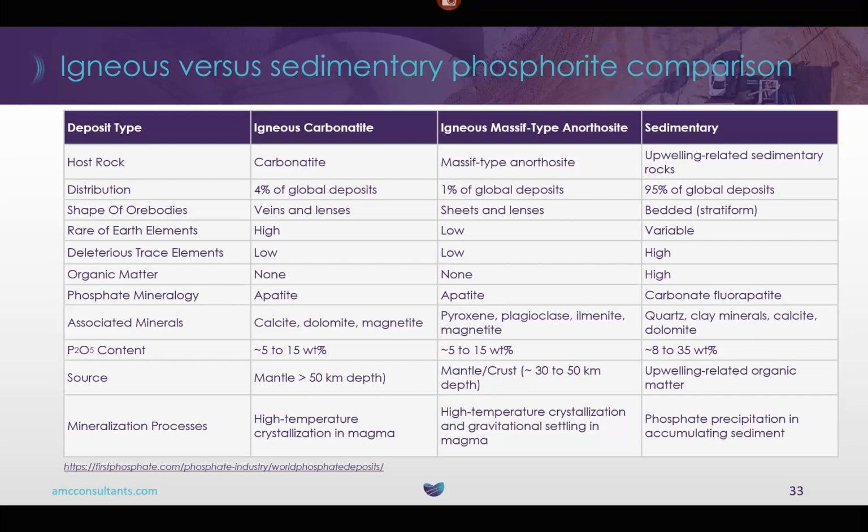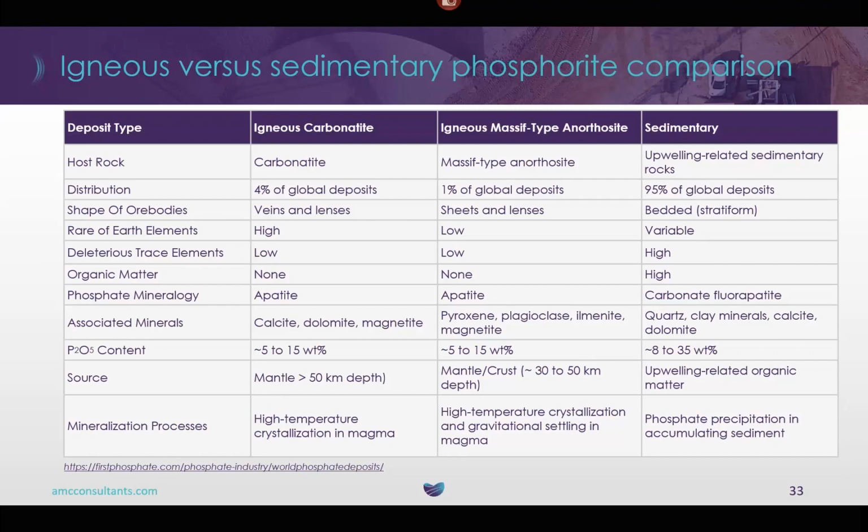We move to the sedimentary deposits. They tend to be larger and more extensive, open pitable again. The problem with sedimentary phosphate deposits is they tend to be potentially associated with a lot of contaminants. So as I mentioned, cadmium, uranium, arsenic, iron, carbonates, all tend to be associated with your sedimentary phosphate deposits.